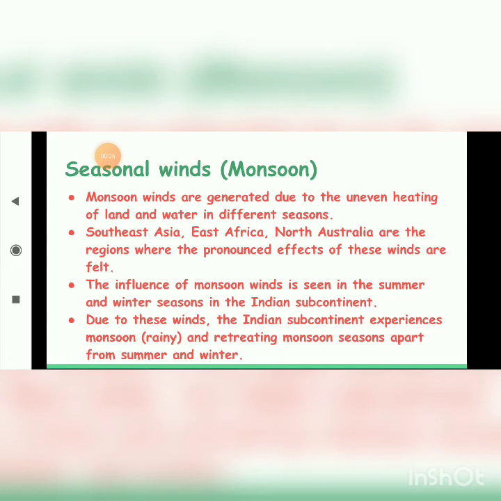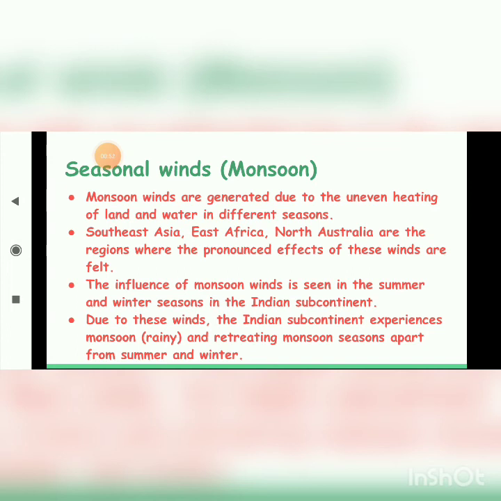Southeast Asia, East Africa, North Australia are the regions where the pronounced effects of these winds are felt. The influence of monsoon winds is seen in summer and winter seasons in the Indian subcontinent. We see its influence in the Indian subcontinent.